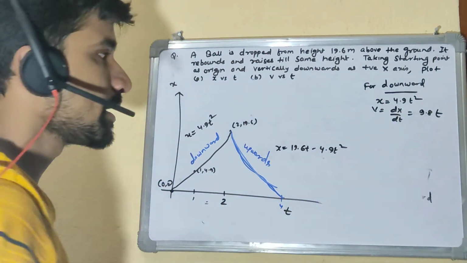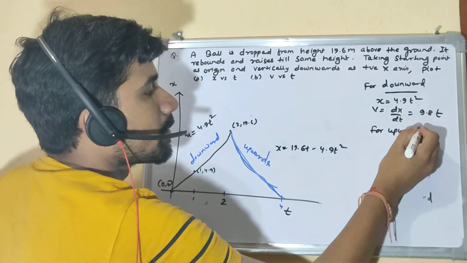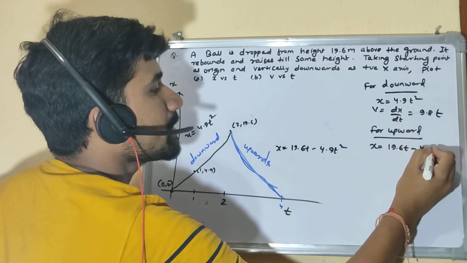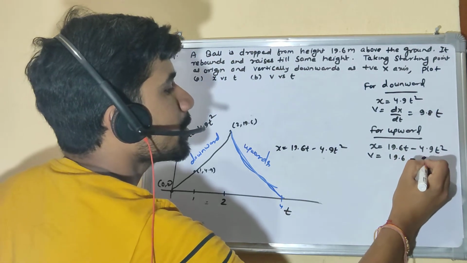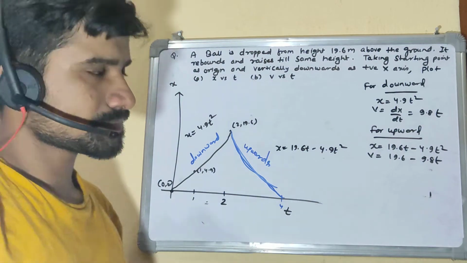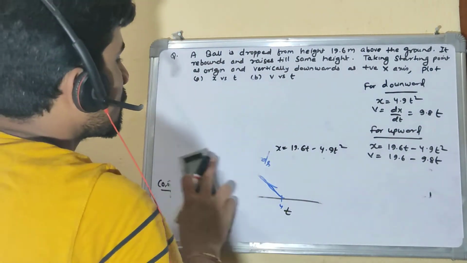For upward motion, displacement is 19.6 t minus 4.9 t square, and velocity is dx by dt, which becomes 19.6 minus 9.8 t.